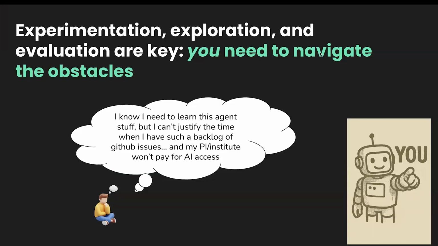We've all got, whether it's a backlog of GitHub issues or grants to write or papers to review, anything else, it's hard to justify spending the time. But I think it's really important to figure out a way to do that. And there are also other obstacles, like how do you actually get access to this?